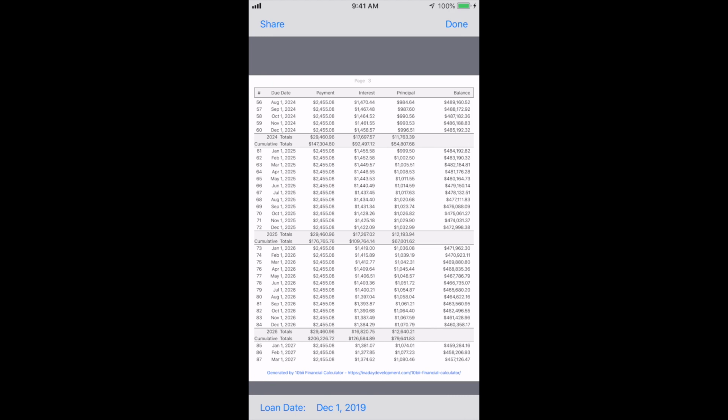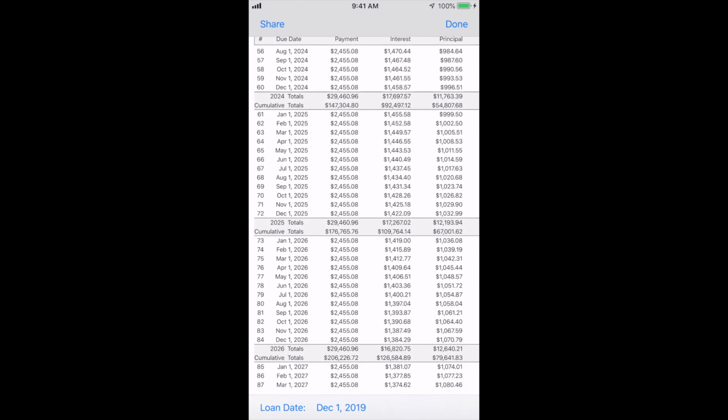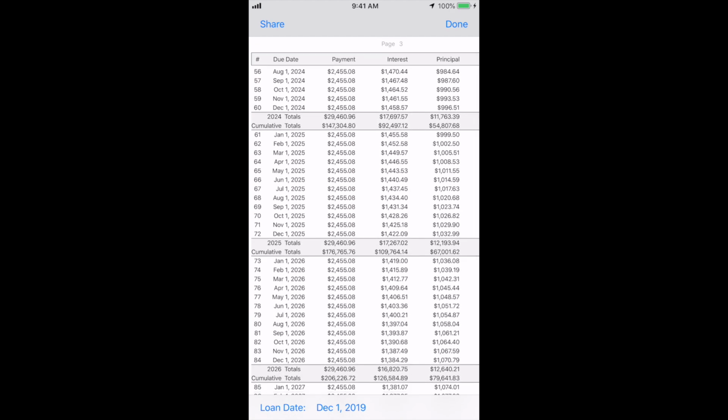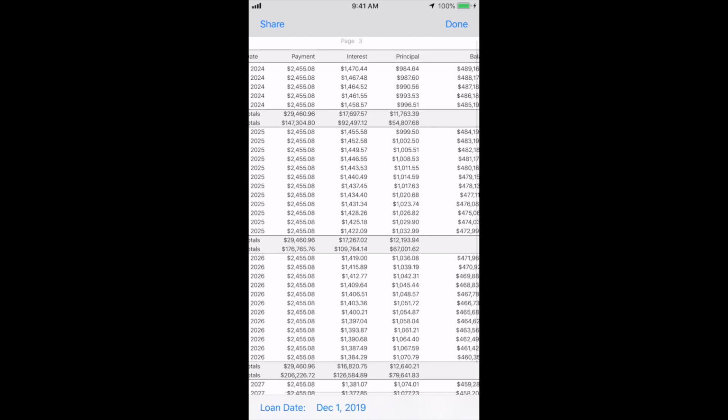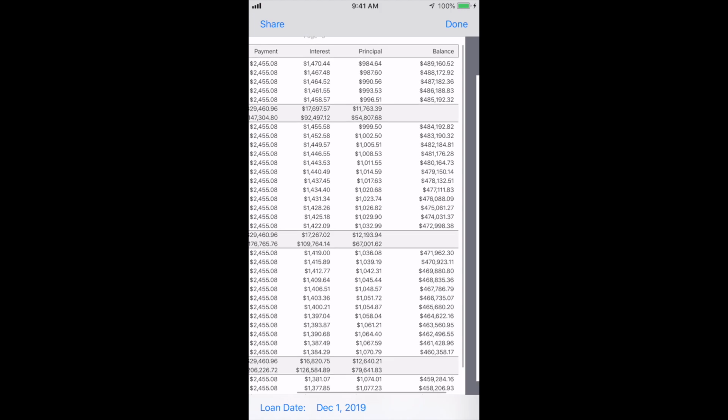So let's go ahead and look at after 60 payments, you have paid $147,000 total in payments. Now that's down $25,000 from $172,000 at 4.94, and your interest paid is $92,497, and that's actually down from $128,000 over the same 5-year period at the 4.94 interest rate.